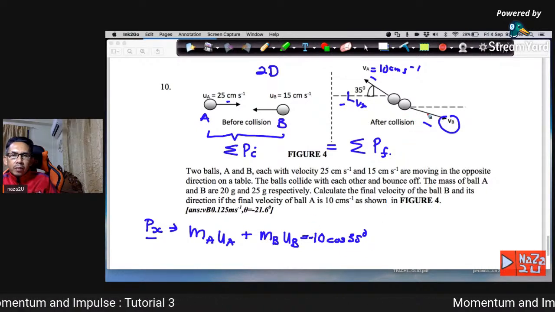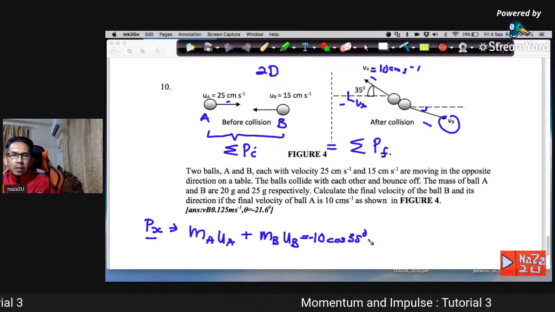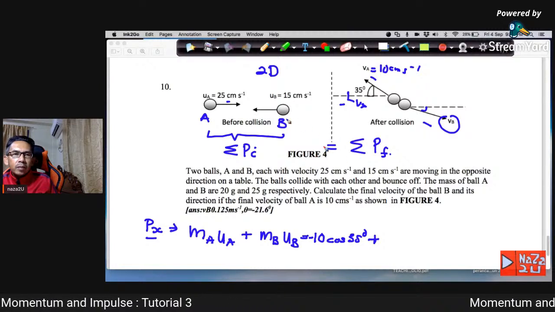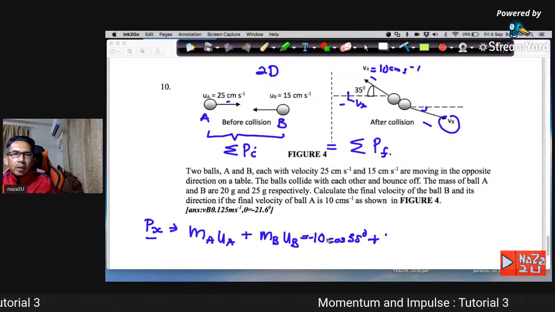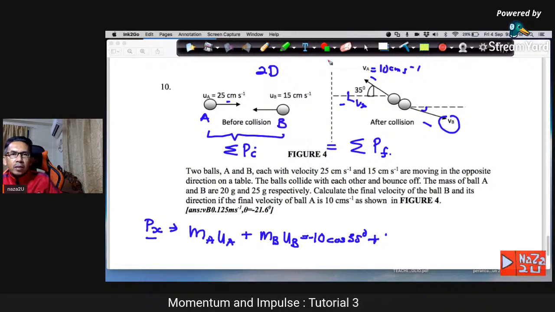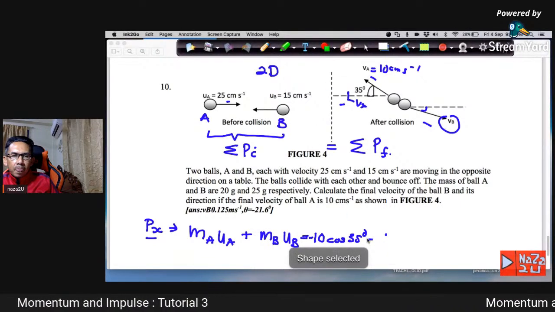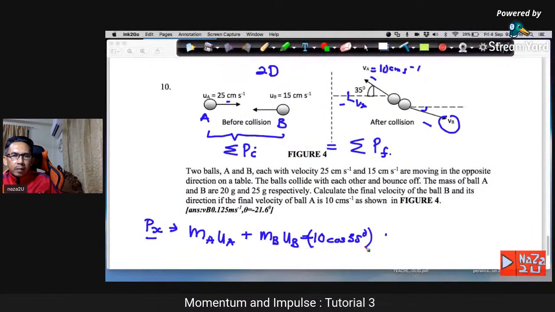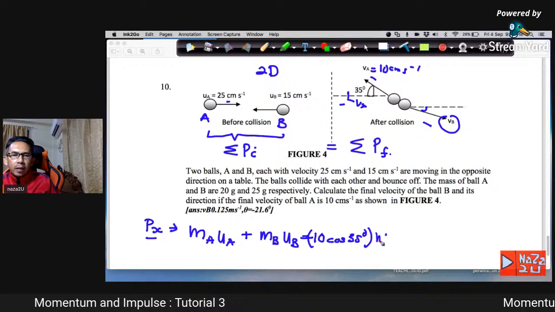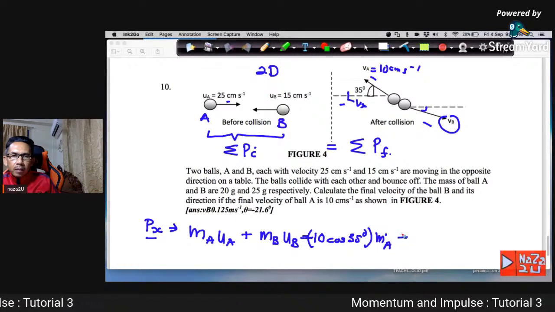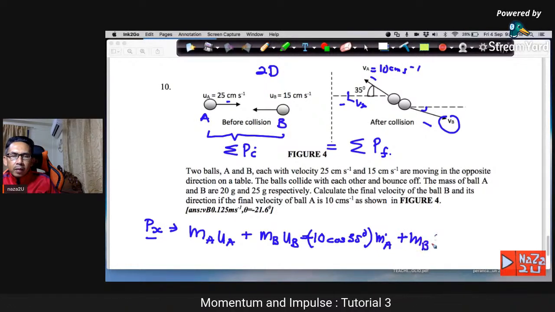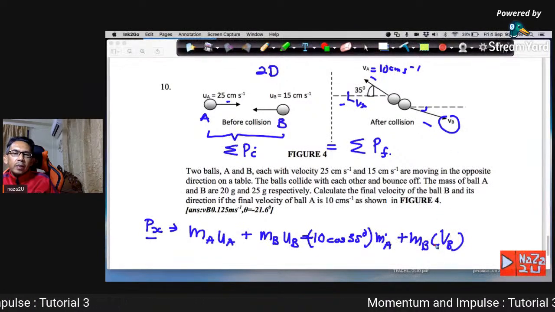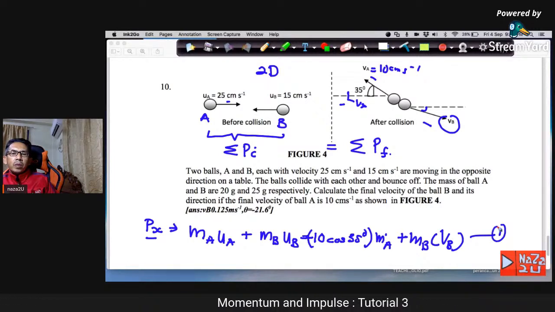And second, we have VB resolved to the X, so it is positive. Sorry, we haven't multiplied by the mass yet. So this is mass A, MA, plus mass B times VB. We want to find VB. So this is the first equation.